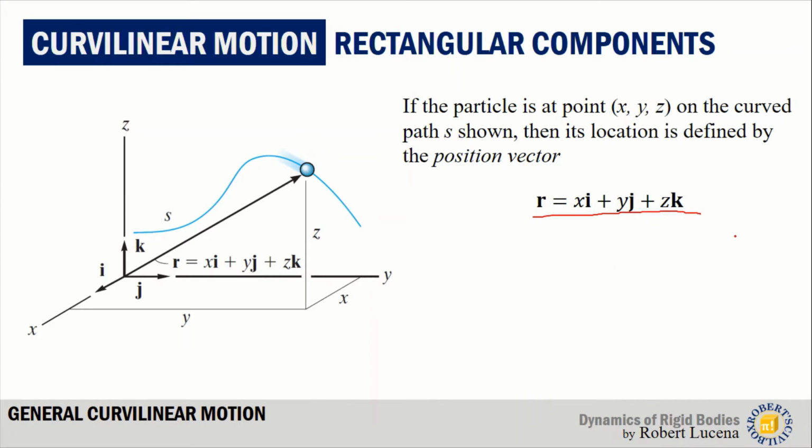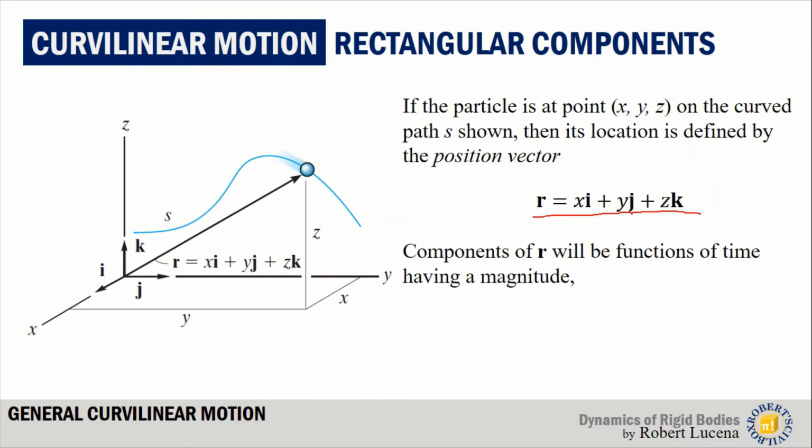Now you can say that a particle in 3-dimensional curvilinear motion could be represented by this vector r. Now, the components of r will be functions of time.